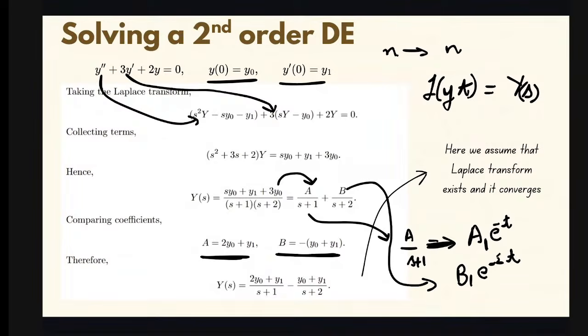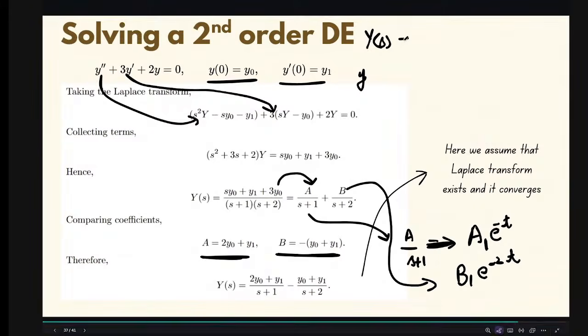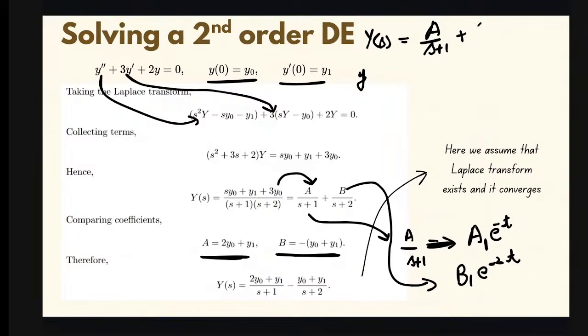All right. So this is what we get. Basically we had Y of s. Let me erase a few things. Y of s is equal to a by s plus 1 plus b by s plus 2.